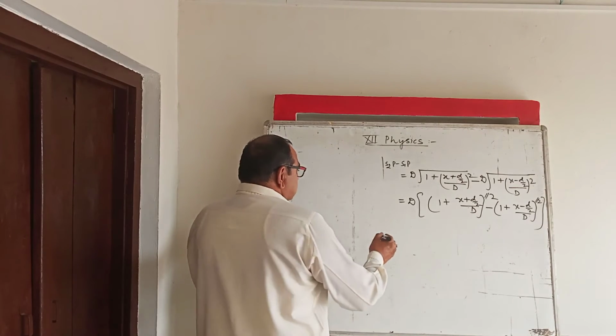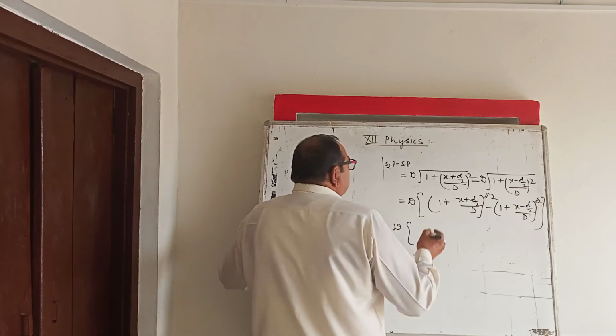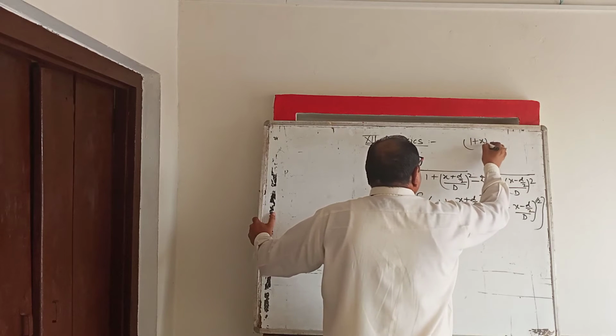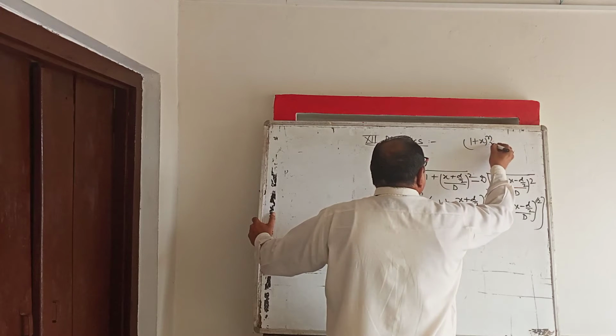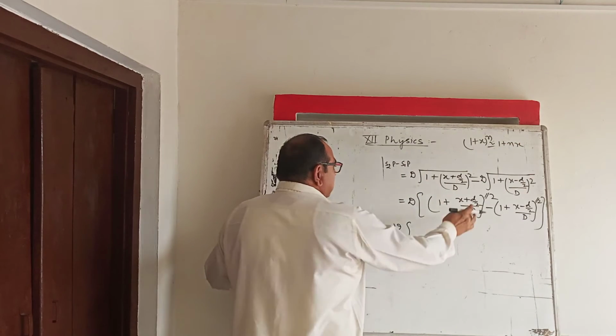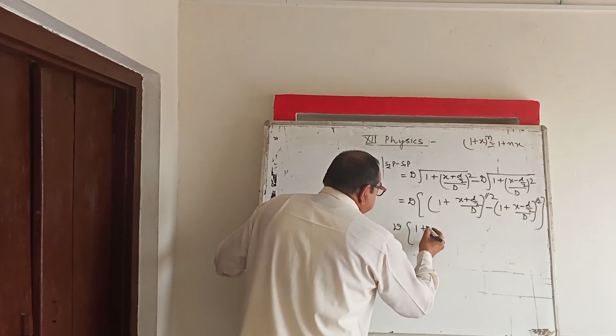Now, by the binomial theorem, we know that 1 plus x to the power n is nearly equal to 1 plus nx. Now I apply the binomial theorem to these powers.